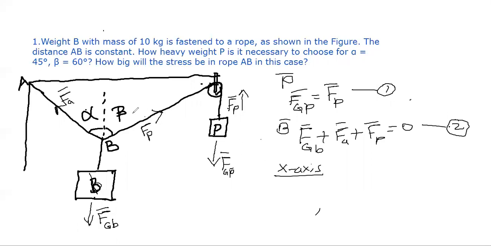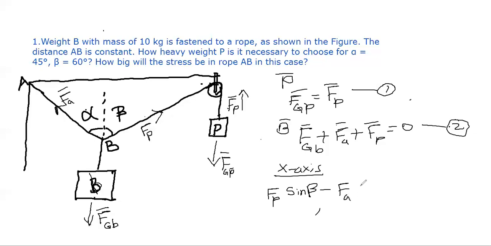Let us look at just the sine components of these forces. We know that in the x-axis, this force Fp is acting in this direction, and this force Fa is acting in the opposite direction, right? So we can write Fp sine beta minus Fa sine alpha is equal to 0, because Fa is in the opposite direction.